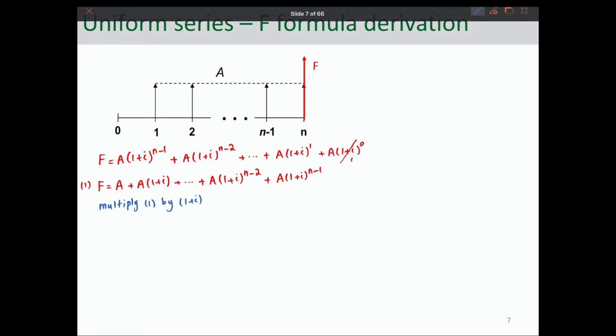So that is going to be F times (1 + i) is equal to A(1 + i) plus A(1 + i)^2 all the way to A(1 + i)^(n-1), and the last term would be A(1 + i)^n. And also let's call this equation, equation 2.